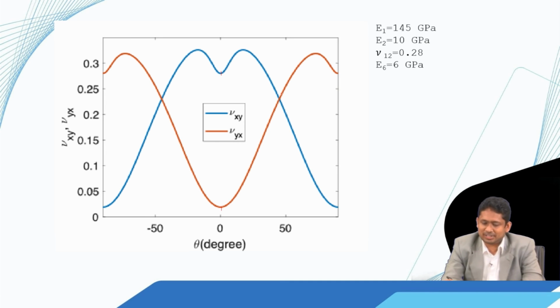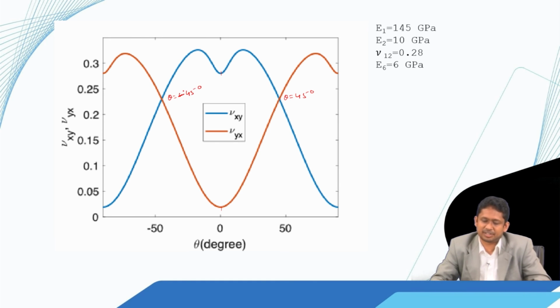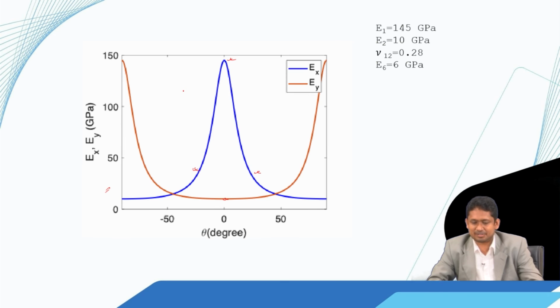These two graphs cross each other when theta is equal to 45 degrees and minus 45 degrees, which means that at theta equal to 45 degrees and minus 45 degrees, nu yx and nu xy are the same, and the same thing happens with Ex and Ey also. So, when theta is equal to 45 degrees, Ex and Ey are also equal.